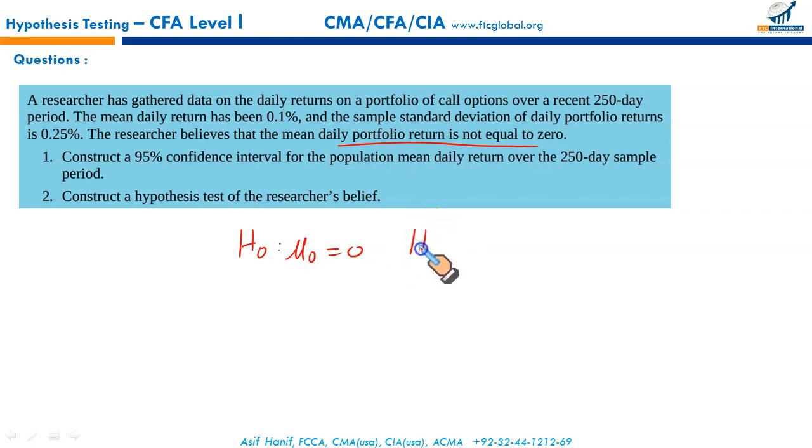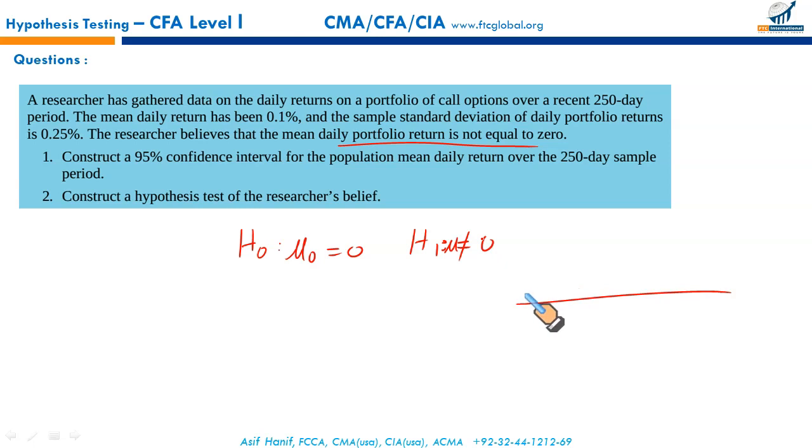So the alternative hypothesis is that the mean is not equal to 0. Since the null hypothesis is an equality, this is a two-tailed test at the 5% level of significance.